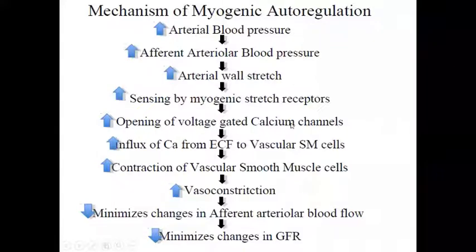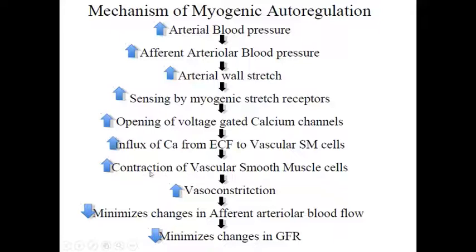So calcium starts entering the smooth muscle cells from the extracellular fluid compartment, and this causes contraction of the smooth muscle cells. The calcium binds to calmodulin. The calcium-calmodulin complex activates the myosin light chain kinase, which phosphorylates the myosin heads to bring about interaction between actin and myosin.